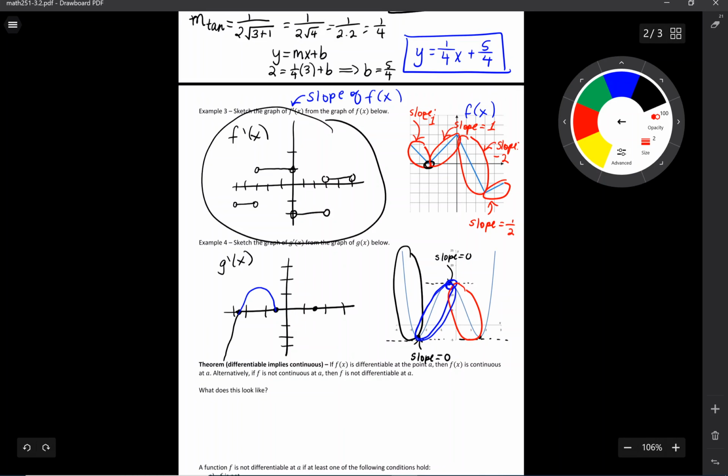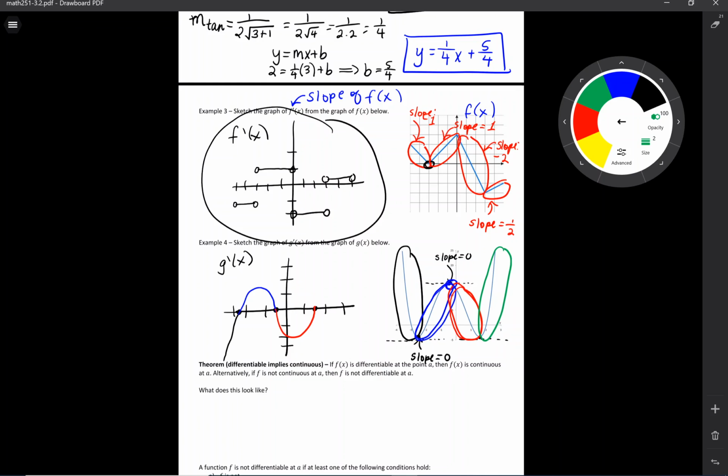Next, let's look at this little red section right here. Here, our slope is negative, so my y values on the graph of g prime will be negative. So something like this. And finally, we have this last chunk where my slope is positive.